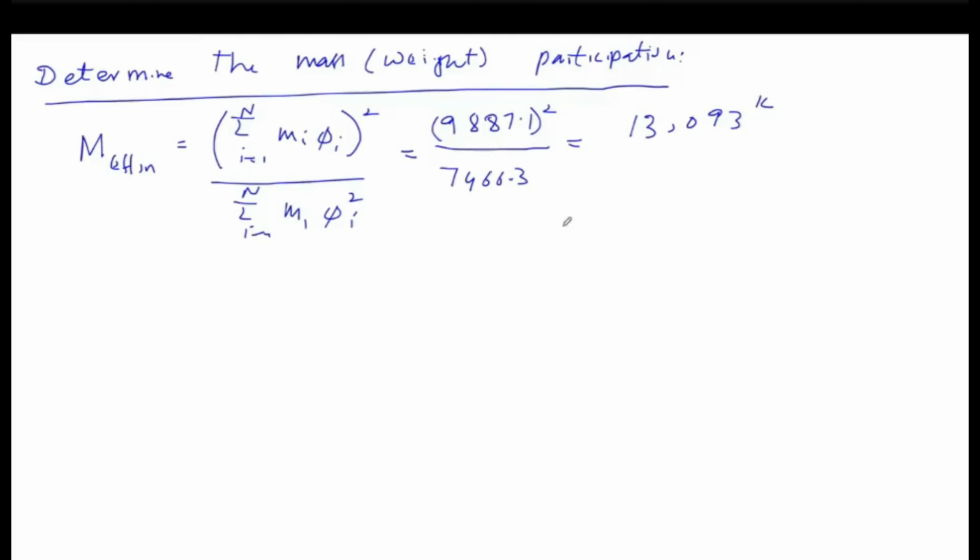So let's write here 13,093 divided by the total weight, which is 15033. This into 100. So if you calculate this, you will get 87.1%. Okay, which means that the first mode is contributing 87.1% of the mass to mode 1.